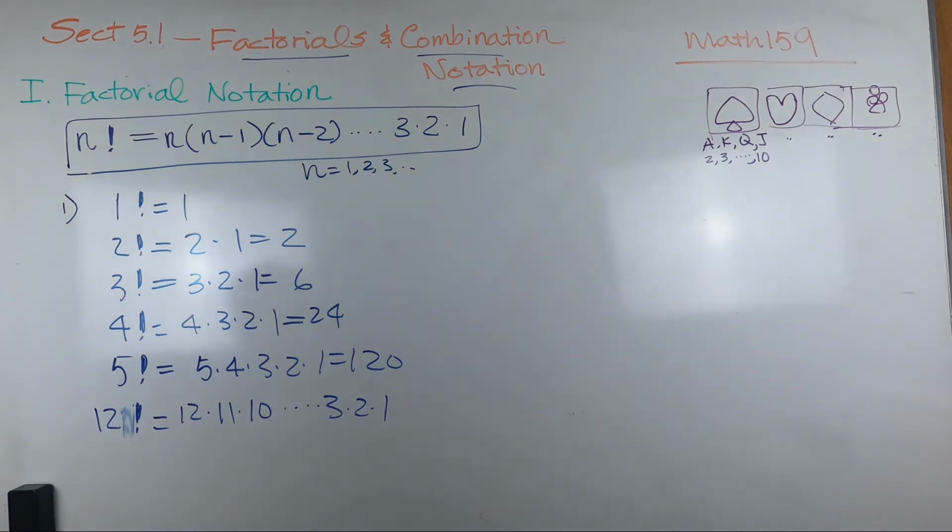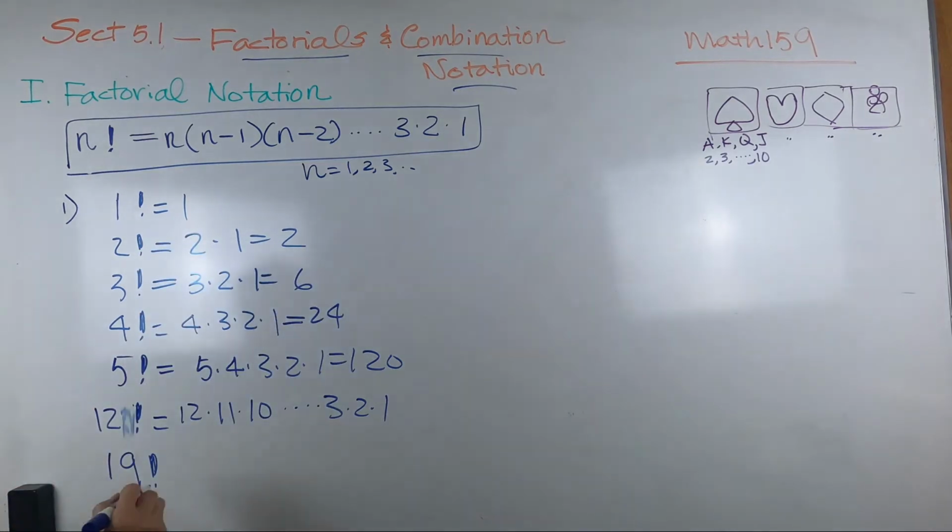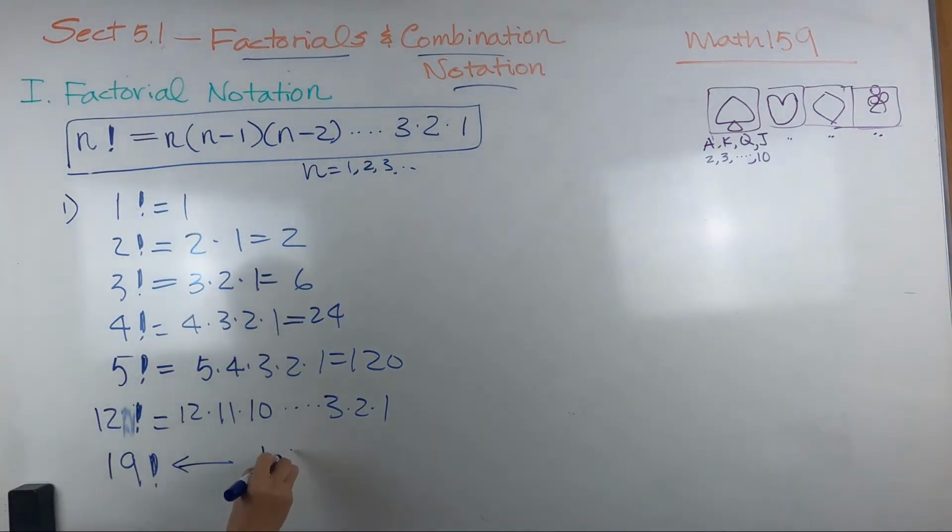That will show you the site you can use. If you use the TI-84 and you wanted to do 12 factorial or like 19 factorial, what do you do? It's on your paper underneath the notes. You will type in 19 first, then you will hit the math button.